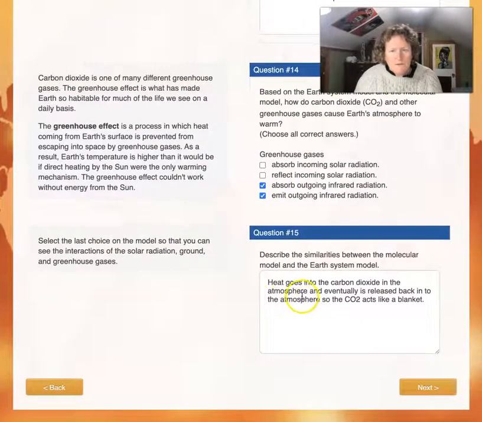So heat goes into the carbon dioxide in the atmosphere and is eventually released back into the atmosphere, so the CO2 acts like a blanket.